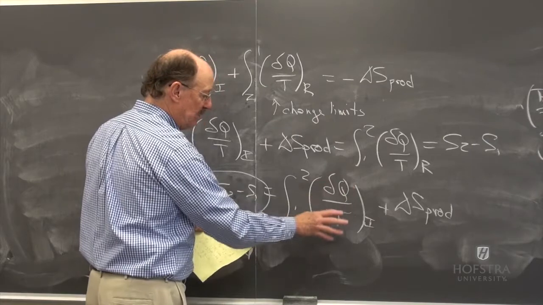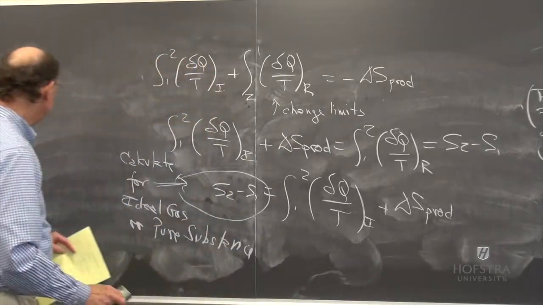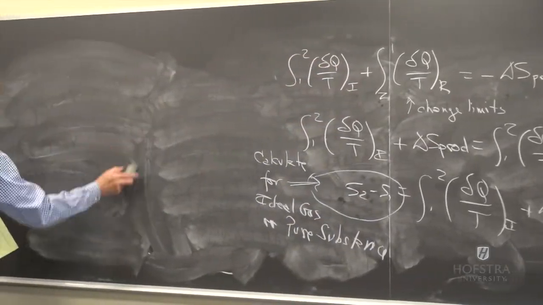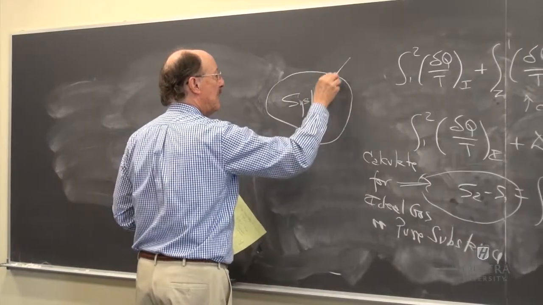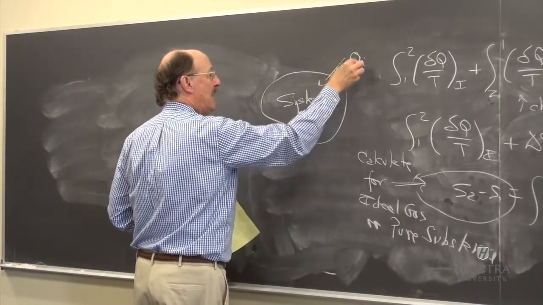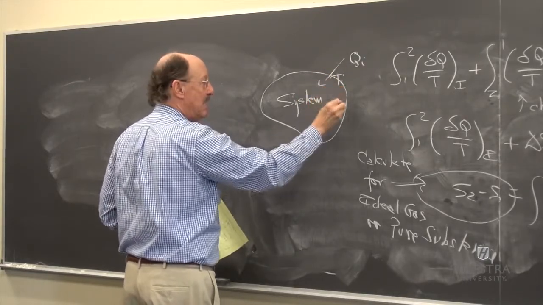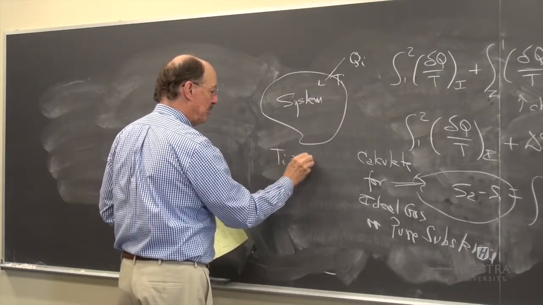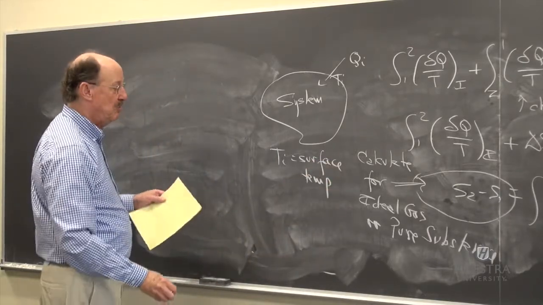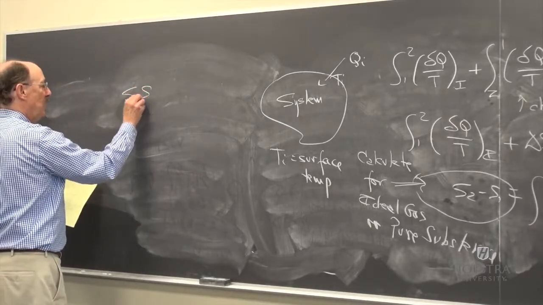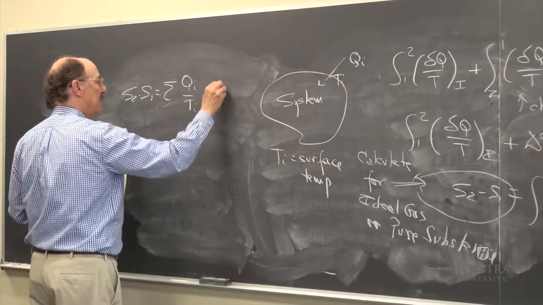I can make this a summation of different heat flows into or out of the system. So if I look at a system, and here's the system, I'm going to look at Qi at Ti. So I have heat flow into the system at a temperature Ti, which is the surface temperature of our system, and therefore I can have that S2 minus S1 is equal to the sum of Qi over Ti plus del S production.